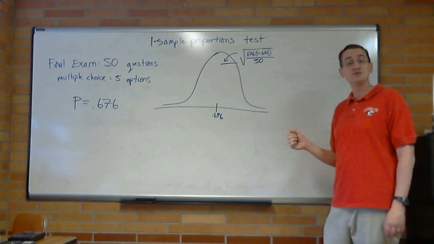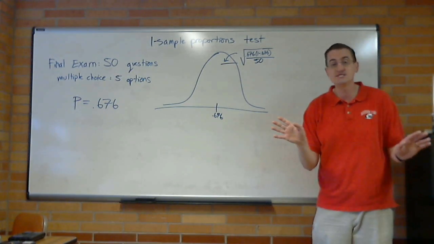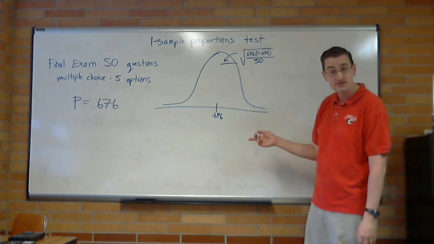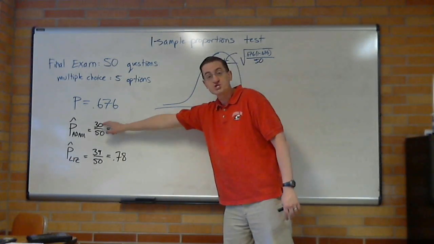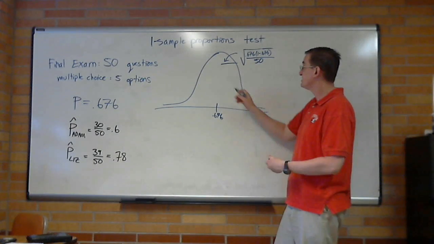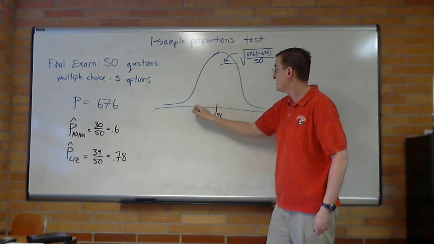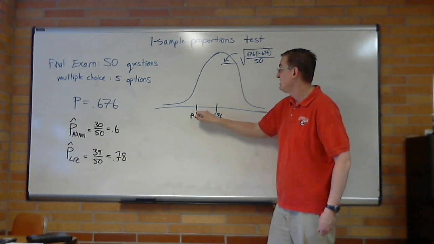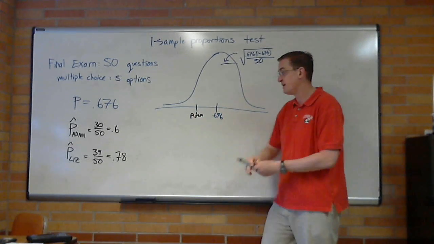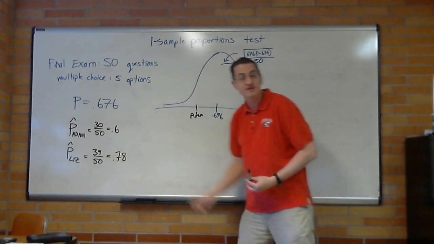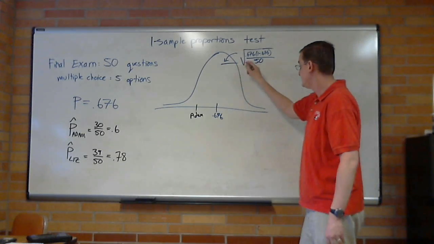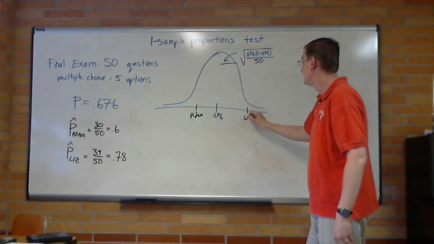For example, I looked at 2 random students that he was not sitting by at all and found with Adam, he matched 30 out of the 50 questions. On this curve, that lands right about there for Adam. Another random person he wasn't sitting by, Liz, matched 39 out of the 50, and that landed right about here.